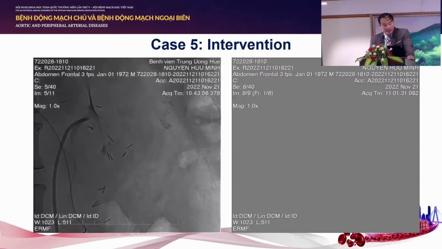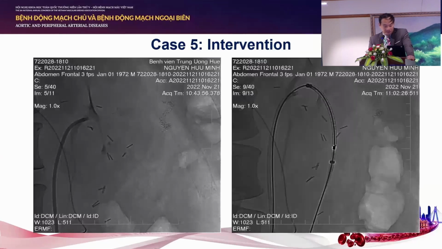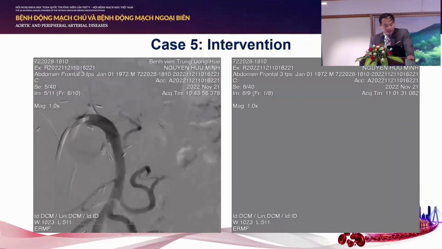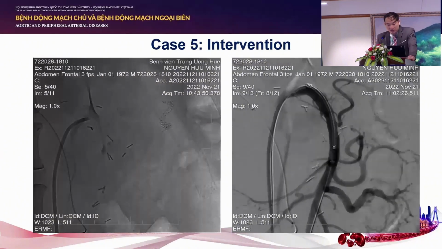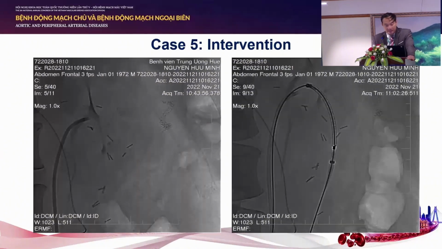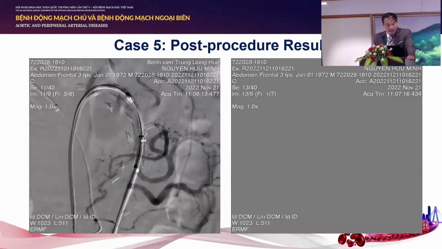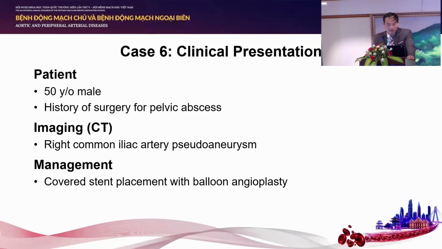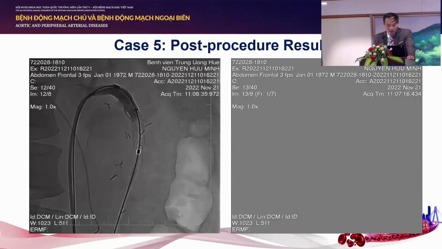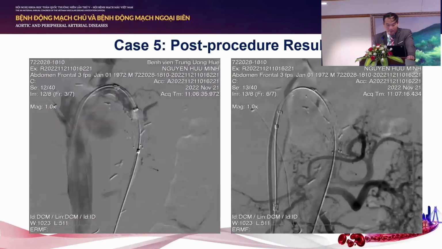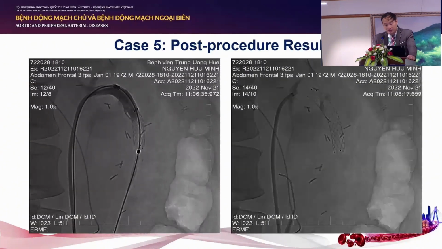We can see the pseudoaneurysm and the tear in the SMA. We put in a stent graft, a Solaris with a diameter of 9 mm. It is a very good result: we eliminate the pseudoaneurysm in the SMA.